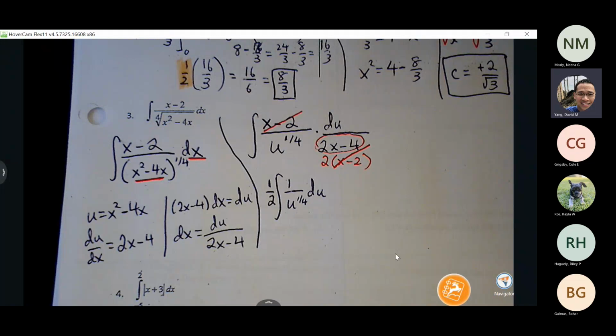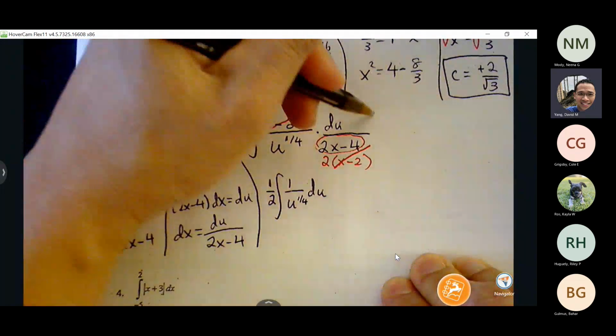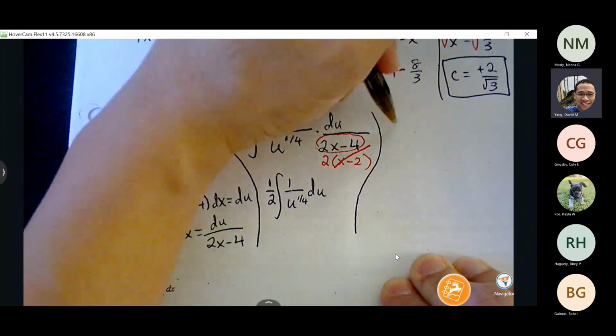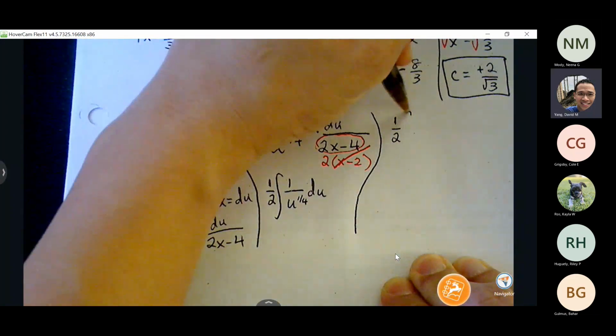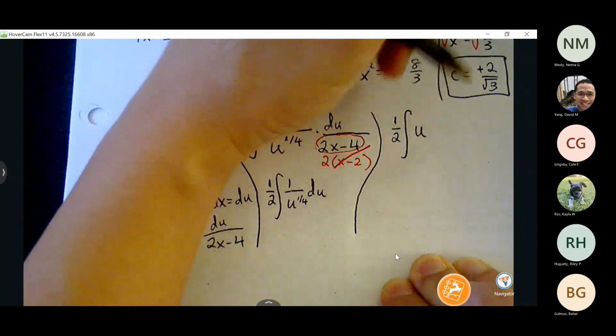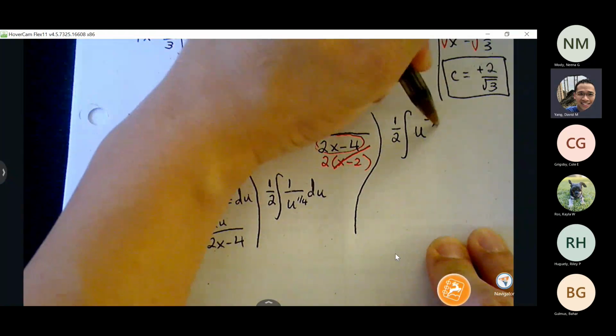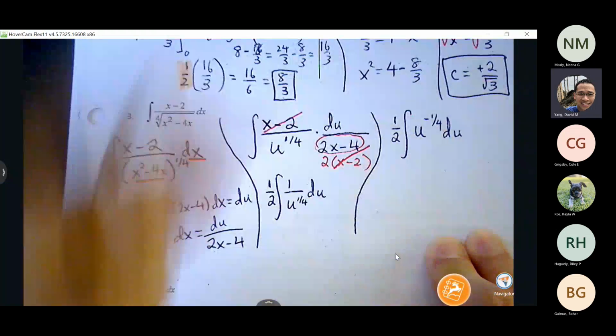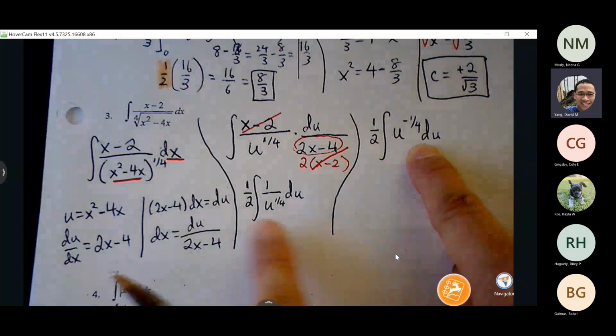So if you think about it, power rule does not work if your variable is in the denominator. I have to force it to the numerator before it's ready. Okay, so push that denominator up, change the degree of the exponent to negative 1/4. Now we're ready. Now we can apply power rule.